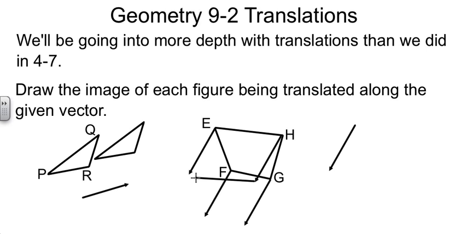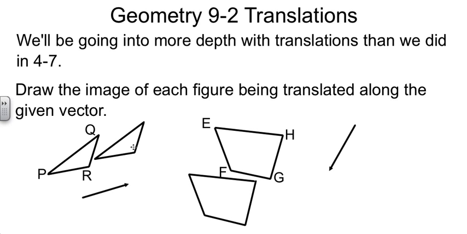But then I can connect the arrowheads. And then if I erase the arrows again so that you don't have the three-dimensional effect going on, now you have the translated figure.